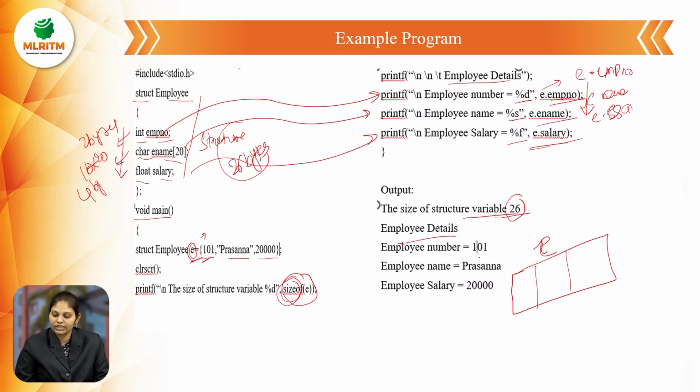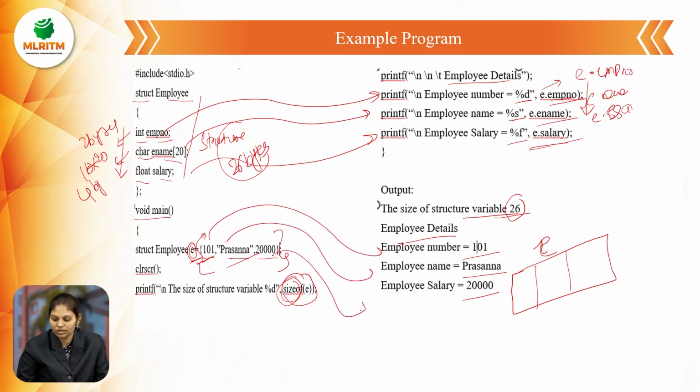So the employee details are 101, Prasanna and 20,000, and these elements are provided as the output. The main important point in a structure is that we can access the data elements individually, and by using the dot operator we retrieve the elements in a structure.